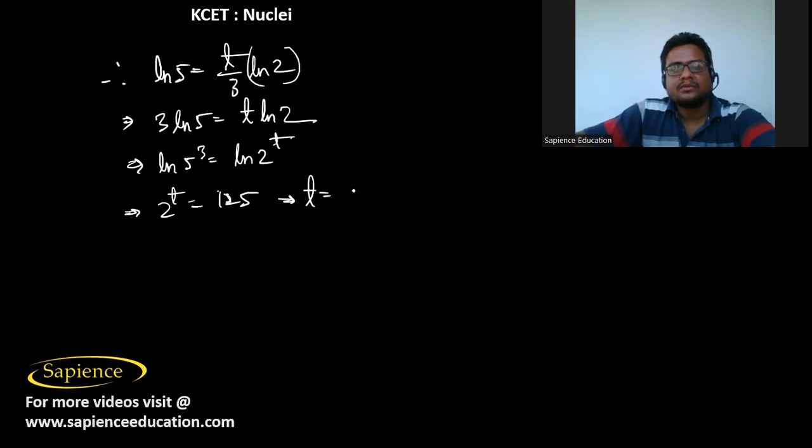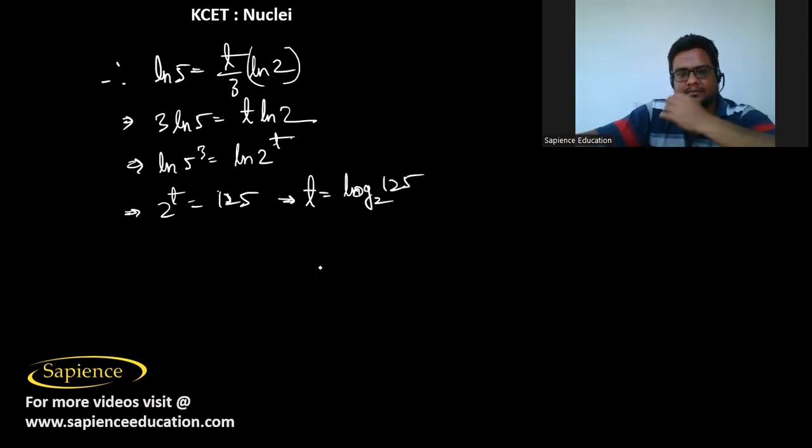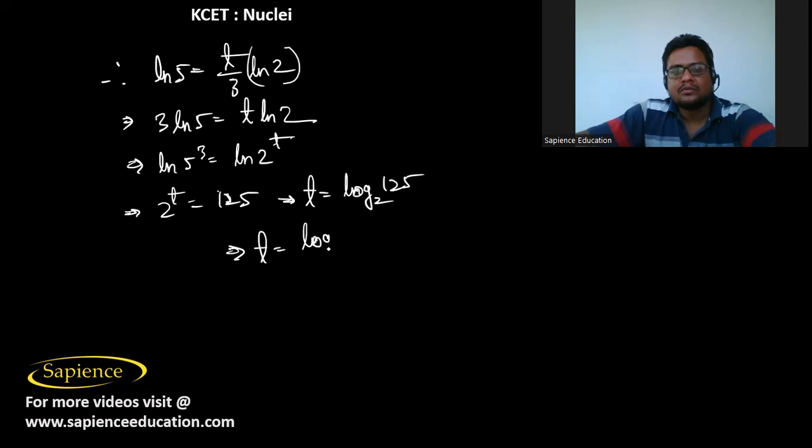So t equals log 125 base 2. Therefore we can also write t as log 125 by log 2.